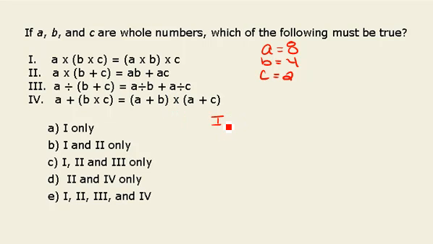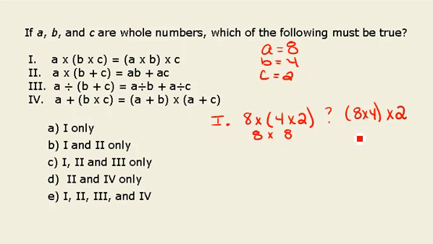If we look at number 1, we want to take a, or 8, times the quantity of b times c, and we want to know if that is equal to taking a times b first, or 8 times 4 first, and then multiplying that result by 2. In the first case, doing what's in parentheses, 4 times 2 is 8, and 8 times 8 is 64.